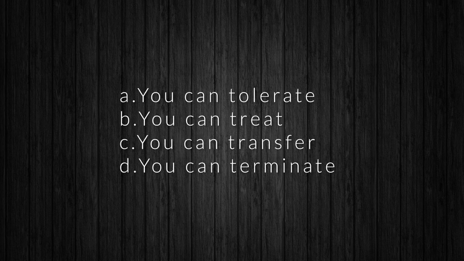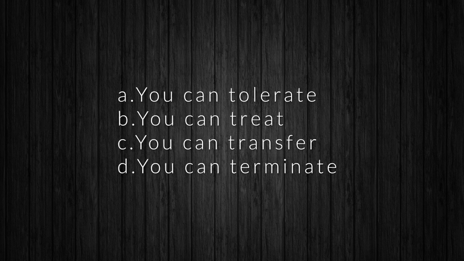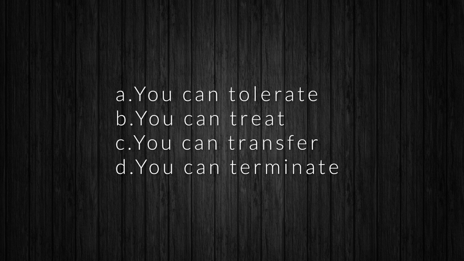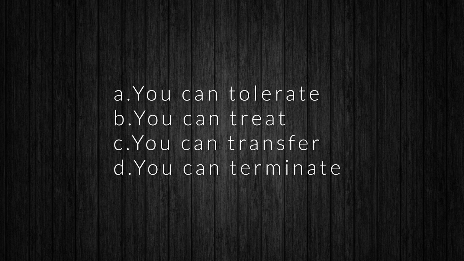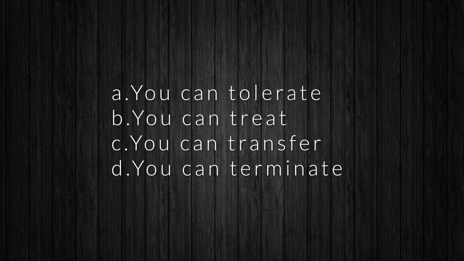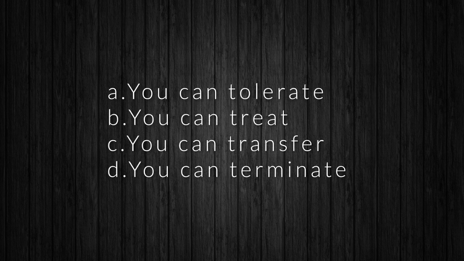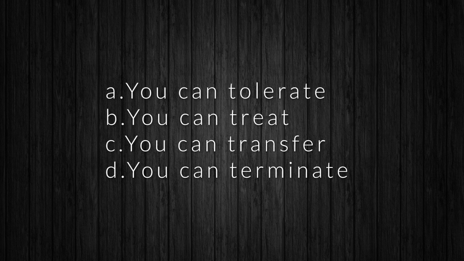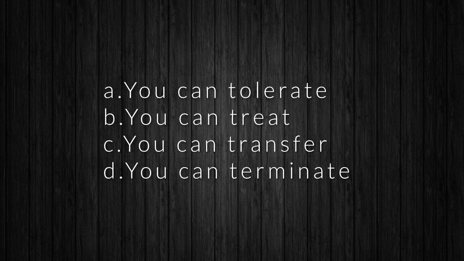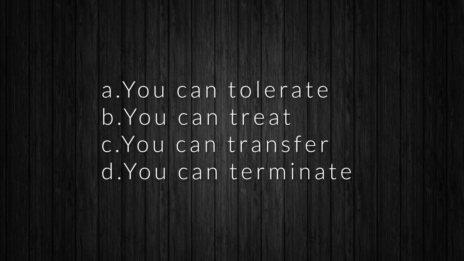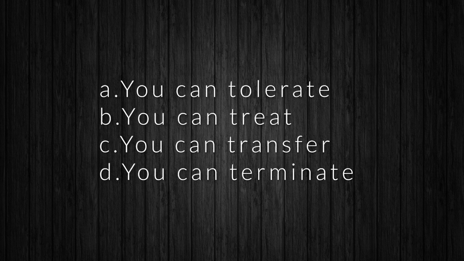And these 4 T's are: number one, you can tolerate, which means these are risks that you can accept. You can treat, that is risks whose impact you can minimize. You can transfer, and that only happens where you look at a risk and decide, this one I'm just going to use a third party. Or you can terminate, where you just choose not to go with the whole project.